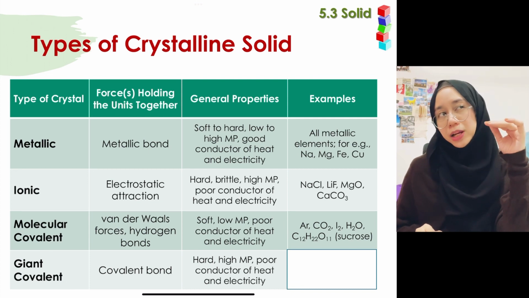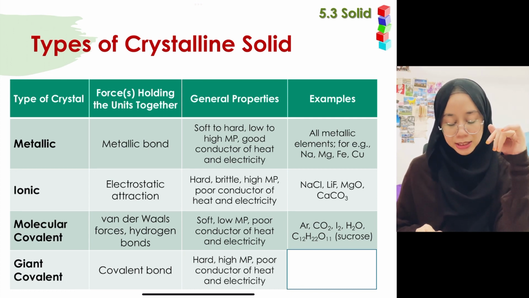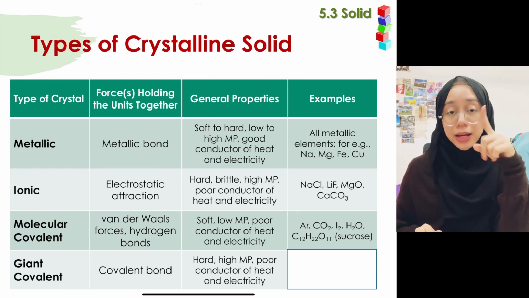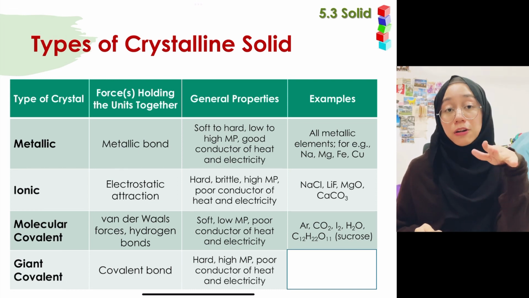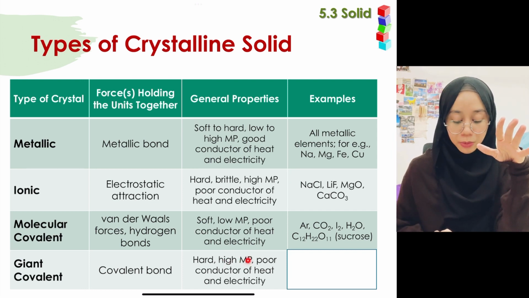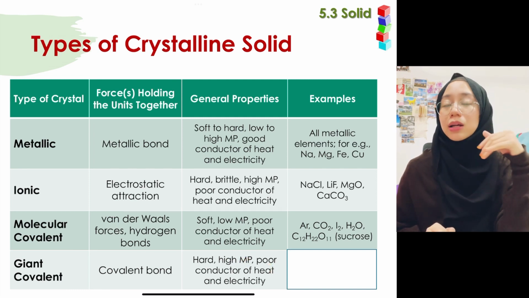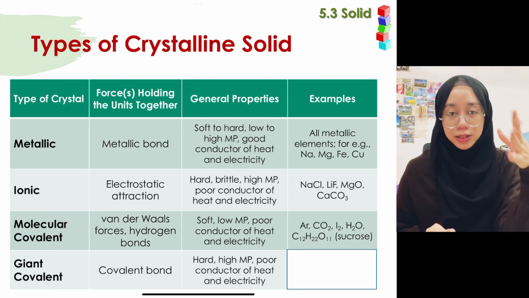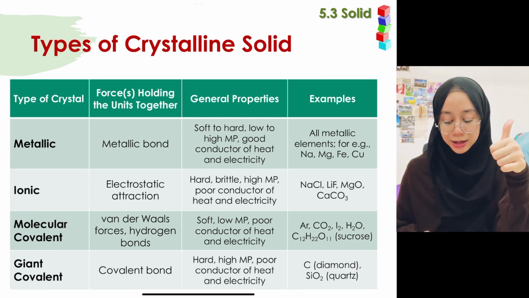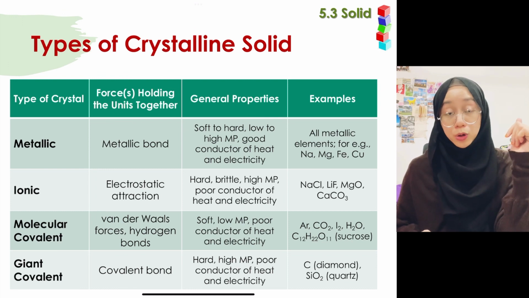Tapi kalau specifically pasal graphite, yang beza dia kat sini adalah kalau graphite it's not that hard, dia soft je sebenarnya, but then despite dia soft, it has a very high melting point lah. Okay, so dia ada these particular properties. Dia ada high melting point. Kat sini tulis poor conductor, tapi graphite dia boleh nak alihkan electricity tu, dia boleh buat. Okay, so for example, kita ada carbon yang dalam diamond ataupun quartz.